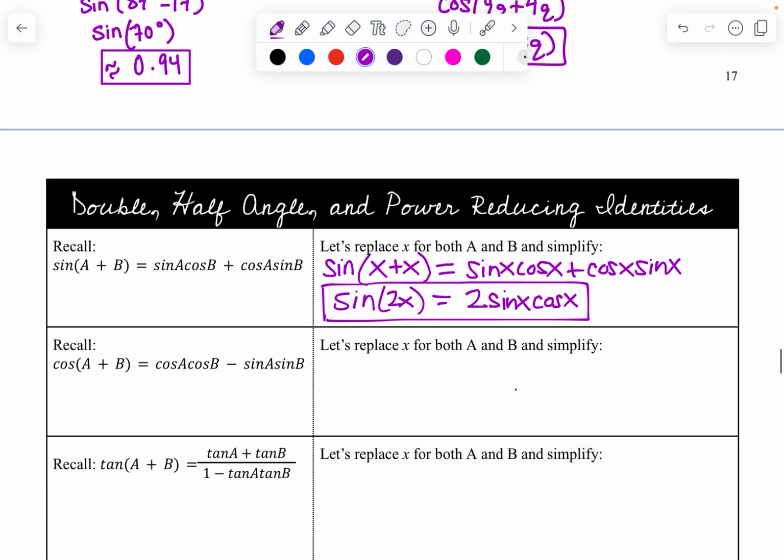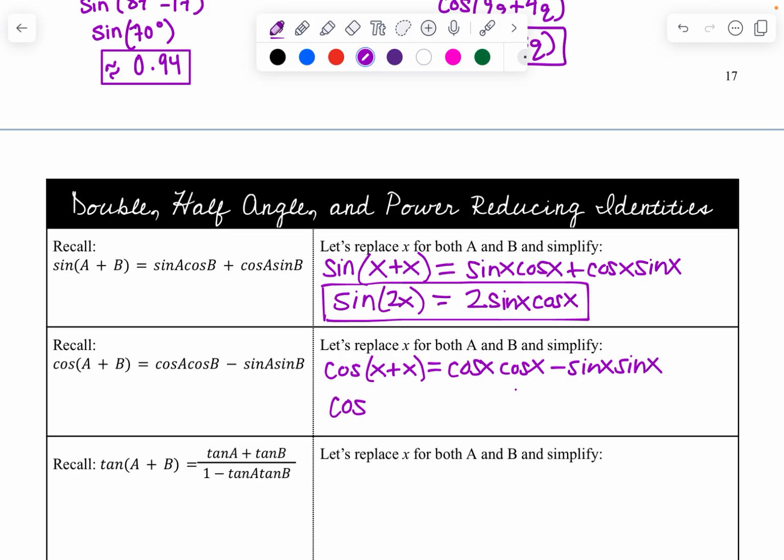If we want to find the cosine of 2x, recall that cosine of A plus B is equal to the cosine of A times the cosine of B minus the sine of A times the sine of B. So we're going to replace A and B with x again. So we have the cosine of x plus x will equal the cosine of x times the cosine of x minus the sine of x times the sine of x.